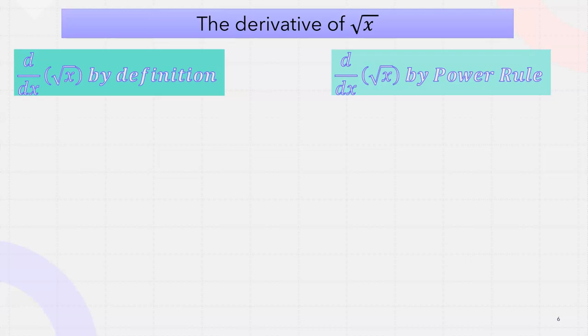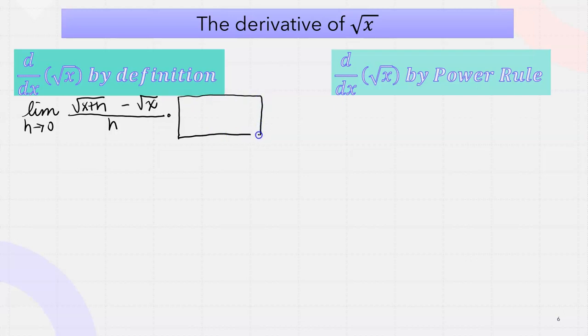So, by definition, the derivative here is the limit as h goes to 0 of square root of x plus h minus square root of x, all divided by h, right? We are supposed to rationalize for a problem like this. So we would multiply by 1, and 1 would be square root of x plus h plus square root of x over square root of x plus h plus square root of x.